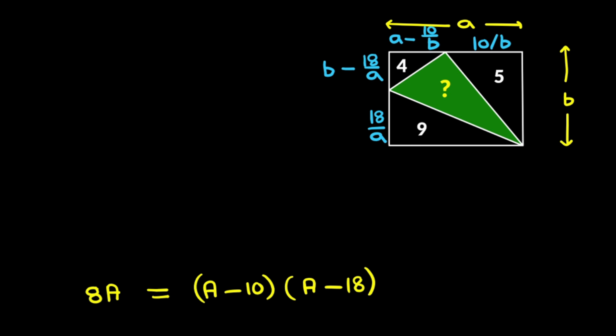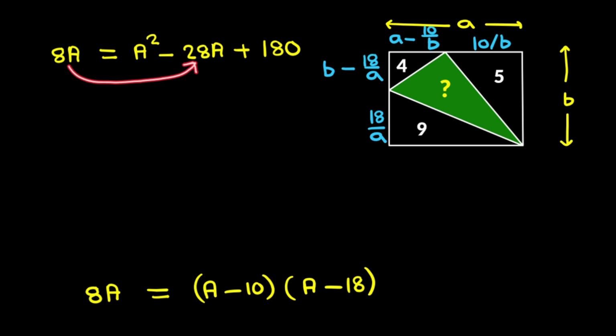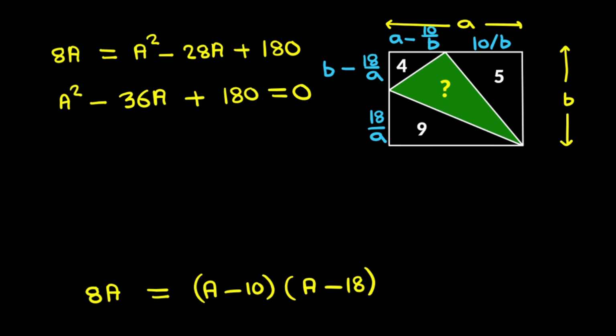So we get 8A equals A squared minus 28A plus 180. Now bring 8A to the other side. We get A squared minus 36A plus 180 equals 0.